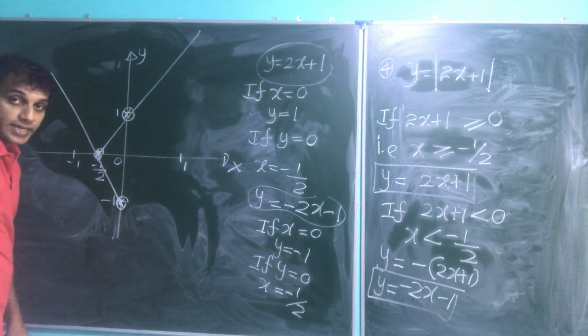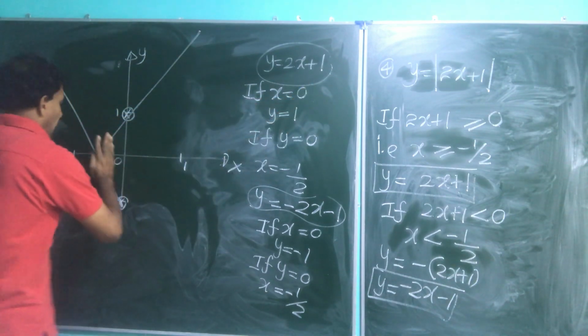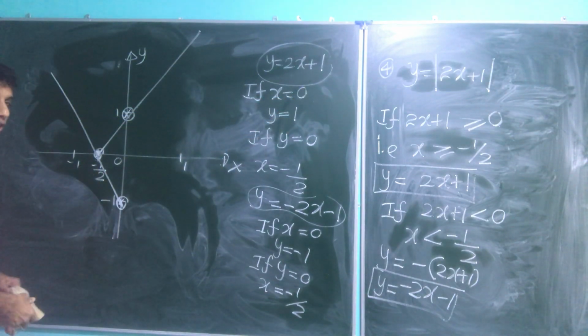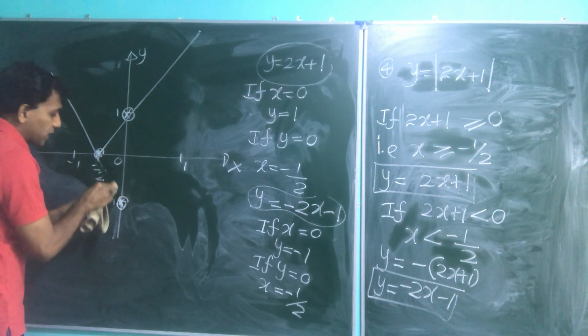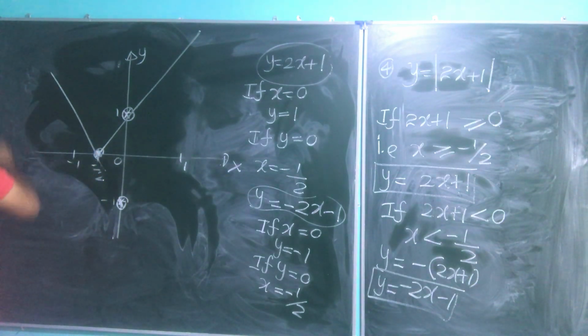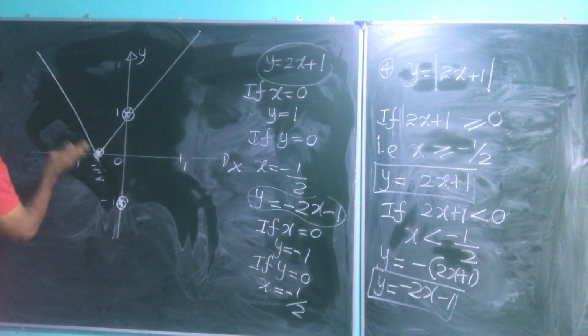But as I told earlier, we say more than minus half and less than minus half part only. Therefore, the part below the x-axis is wrong, right? Only the part above the x-axis is the graph. That means actually it is reflected, it goes up. This is the reflection of that. It goes up, okay?